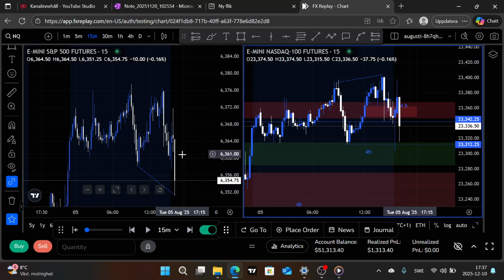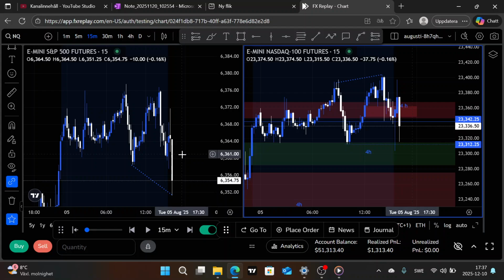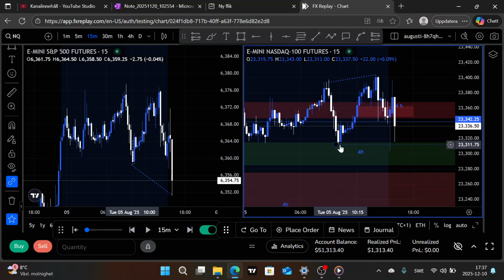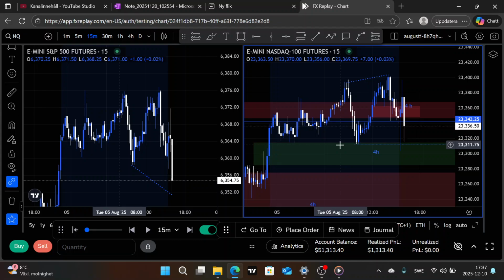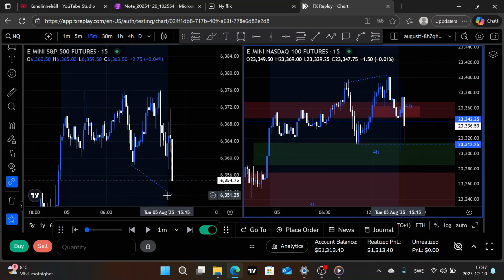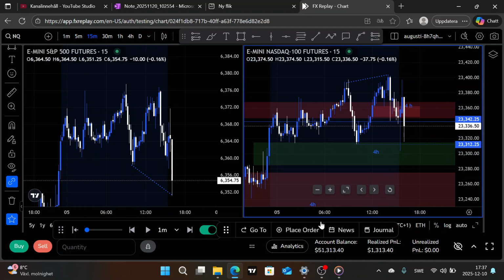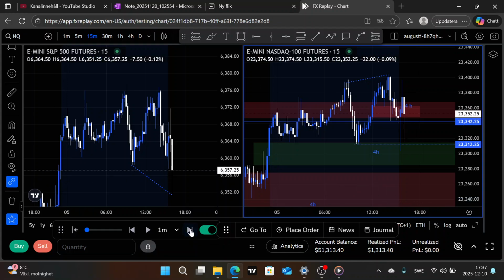So now we have an SMT at the lows, but is it enough confirmation to go in a trade? No, it is not. So that's why for me it takes a very long time to make a decision. So I need to be 100%.